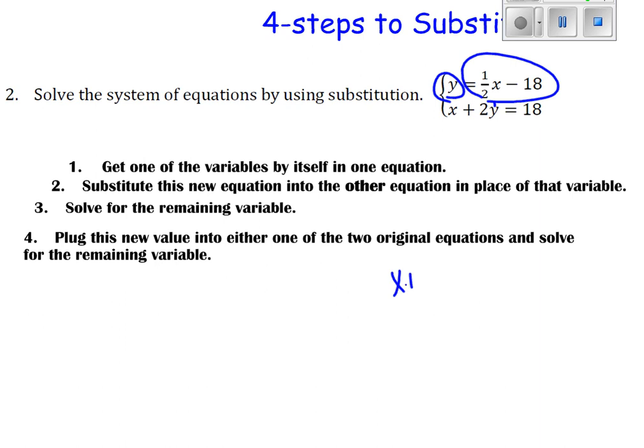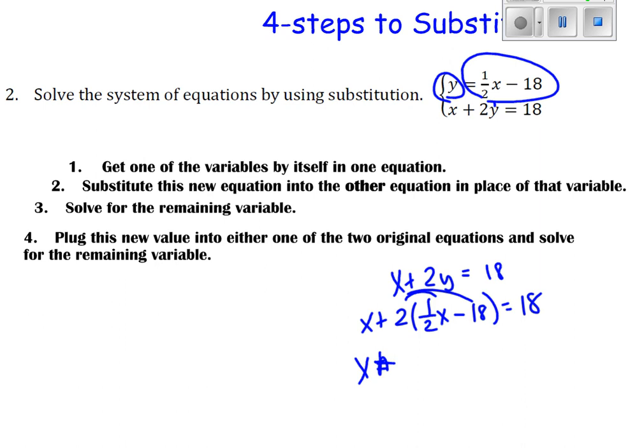So instead of having x plus 2y equals 18, I'm going to have x plus 2, but instead of y, I'm going to have what y equals. If I distribute that through, 2 times 1/2 x is going to be just x, minus 36, not 18, 36, equals 18.